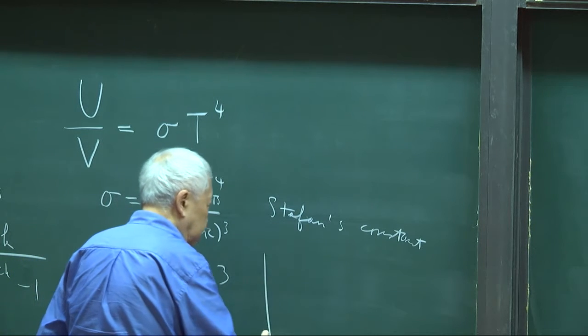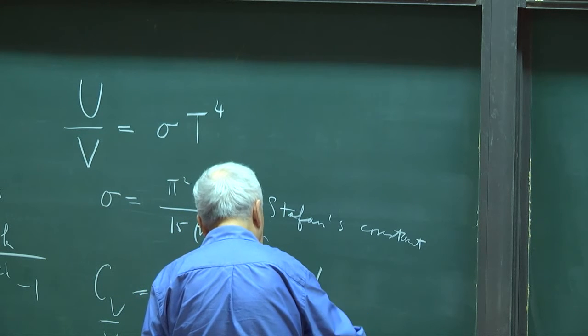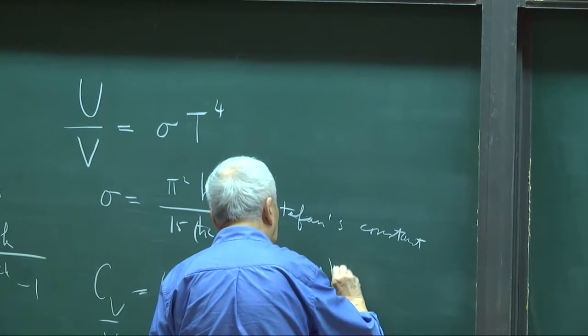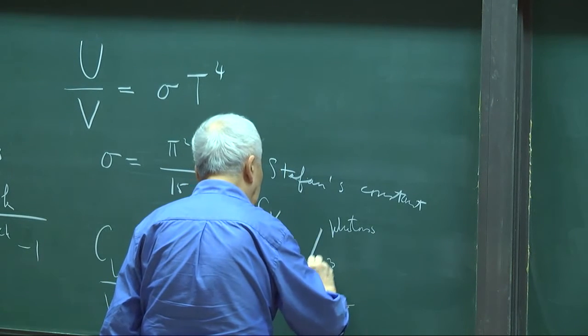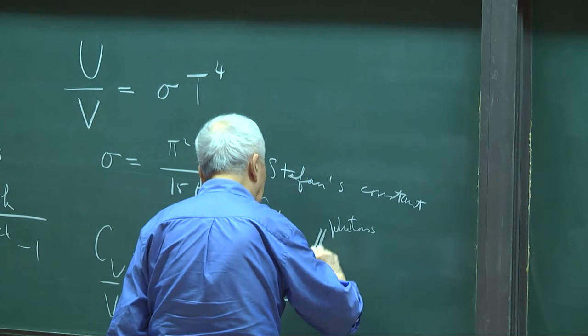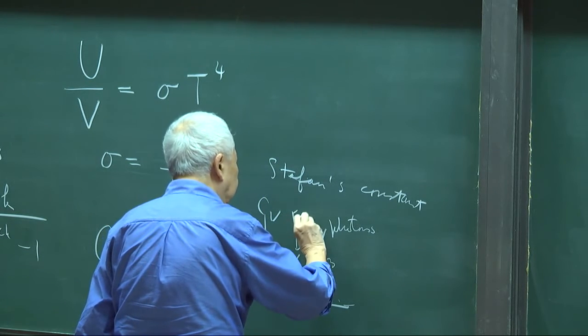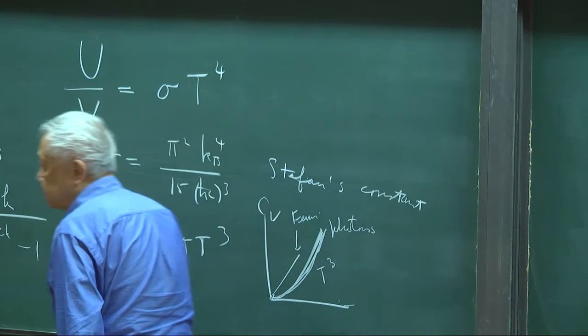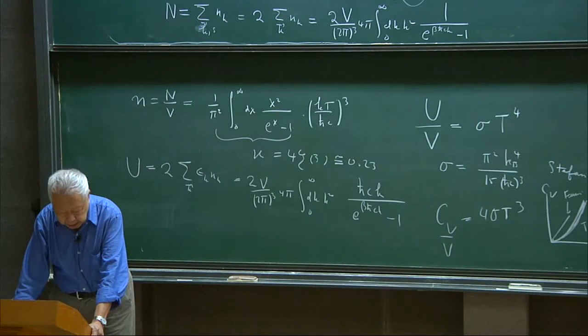So recall that CV goes like T cubed for photons, whereas for a Fermi gas, it goes up linearly. So again, at very low temperatures, the gas does not contribute anything to the heat capacity.